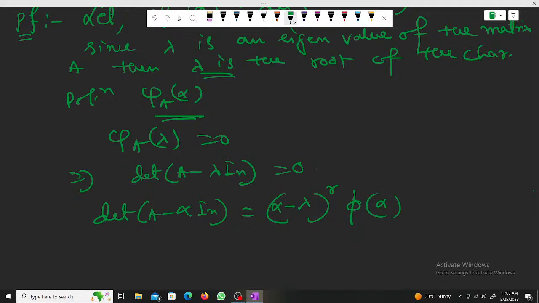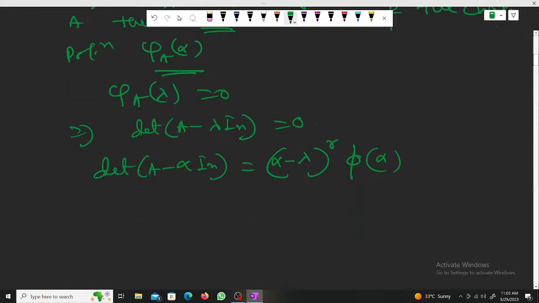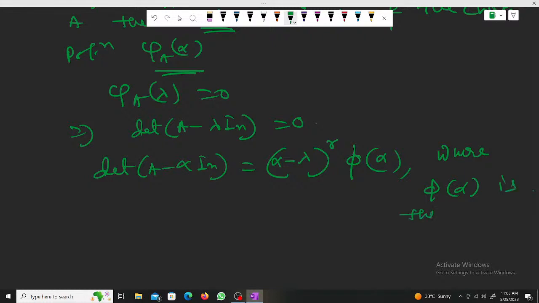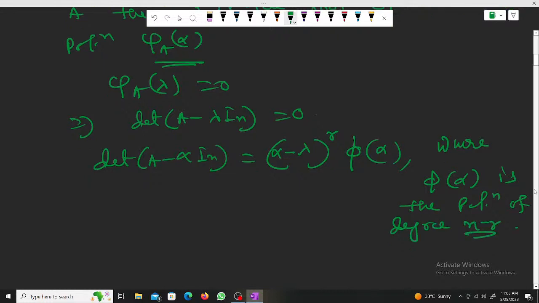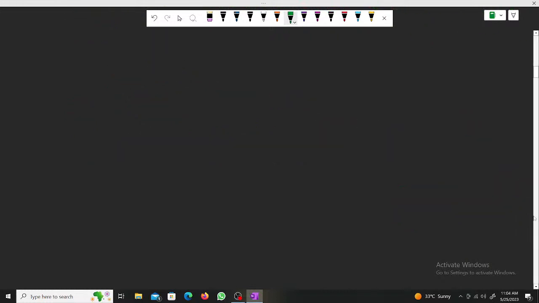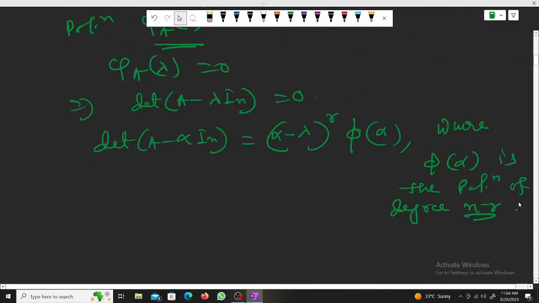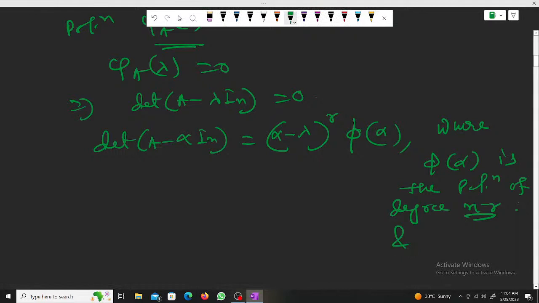Okay, where phi of alpha is a polynomial of degree n minus r. Okay, and provided this condition, the phi of lambda is not equals to 0, right?